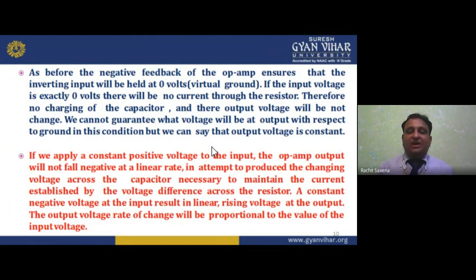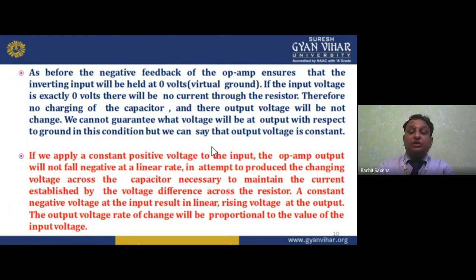If it is changing, we are not able to find the rate, so what can we say? It is constant.